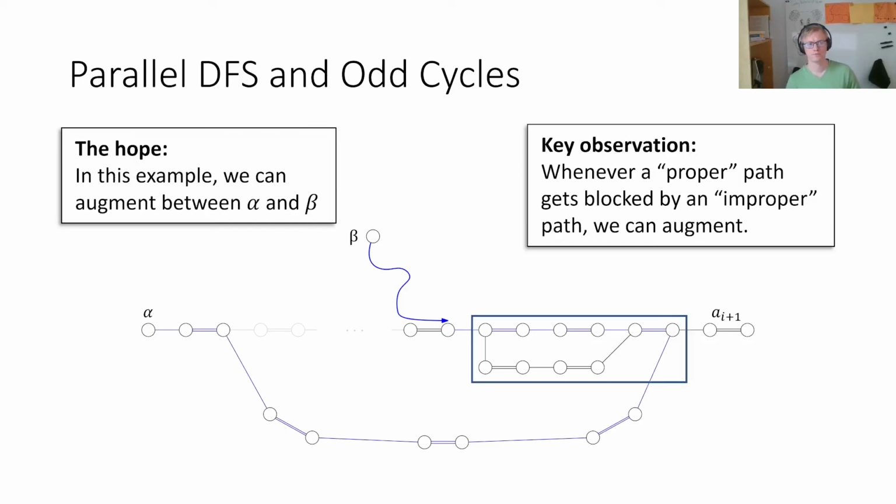What we showed is that this is not an issue, or actually this is a good case, in the sense that we already have an augmenting path from the node beta to node alpha. Putting it informally, if alpha made this type of loop, we have an odd cycle, and then we can augment from alpha to beta.